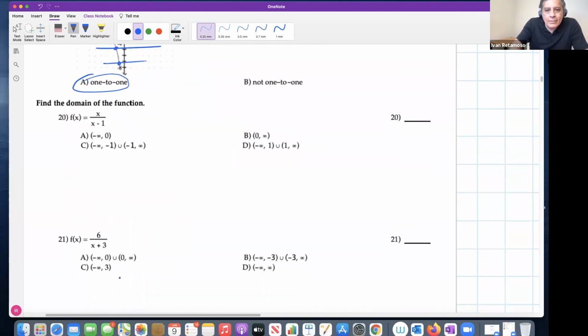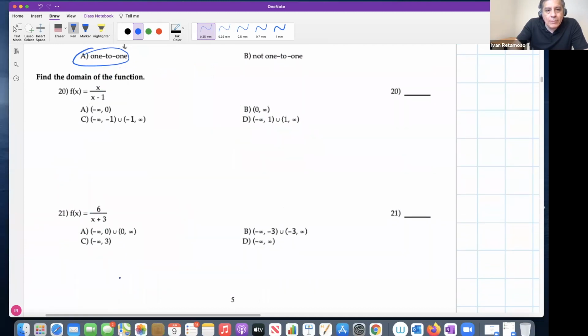Great. Now it's time to compute the domain of a function. What is the domain of this function? Can you try this, number 20? And remember, these domains, they come in 3 forms, right? They can be written in words, they can be written in intervals, or sometimes they can be written in what mathematicians call set builder notation, right?